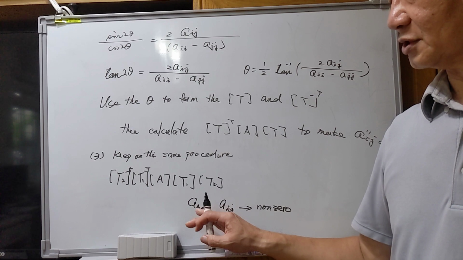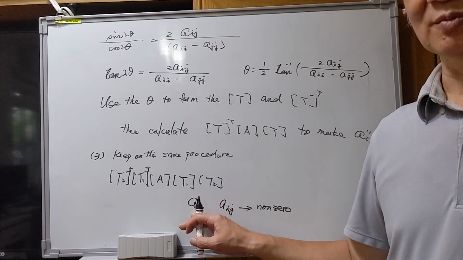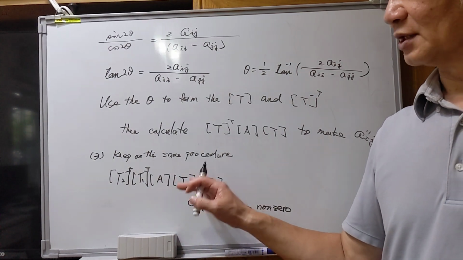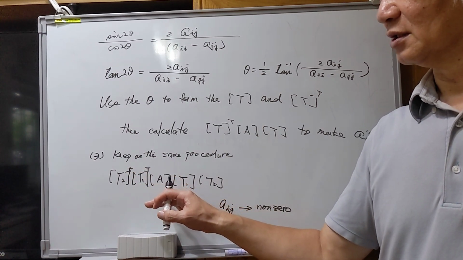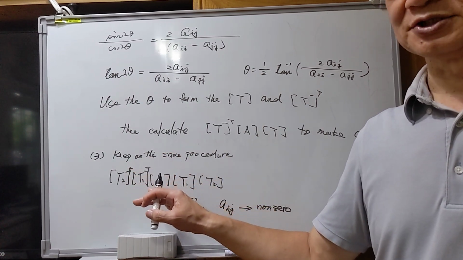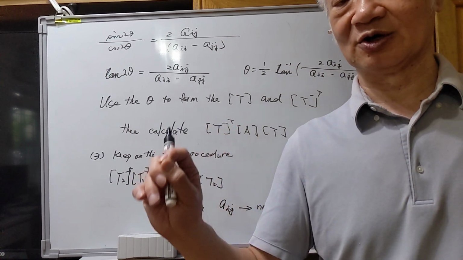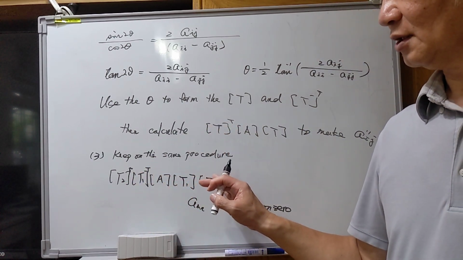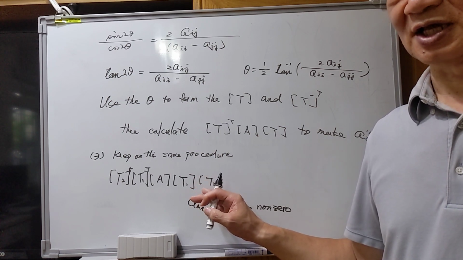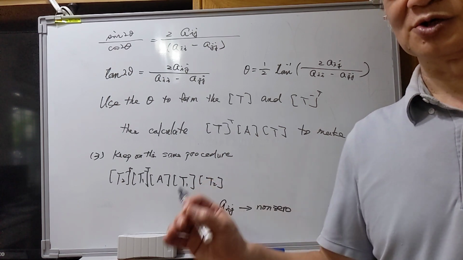In these operations we can make A_mn equal to 0, but the first element, A_ij, which we made equal to 0 in the first step, will become non-zero again.